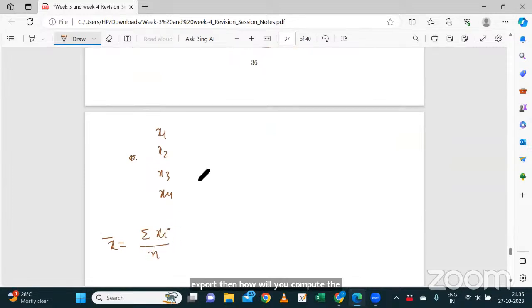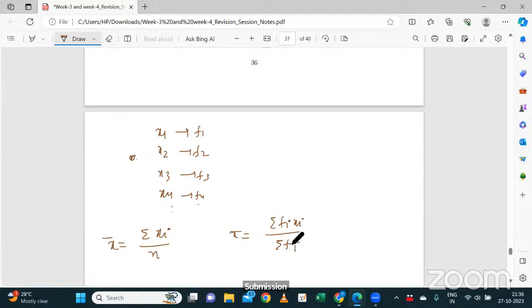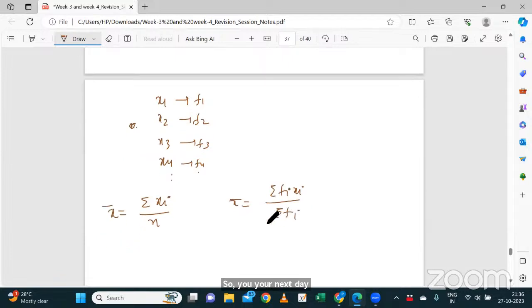If the frequency of each observation is given to me, then it is summation fi xi upon summation fi. This is for the mean. What about the standard deviation? For variance, we do summation of xi minus x bar squared.